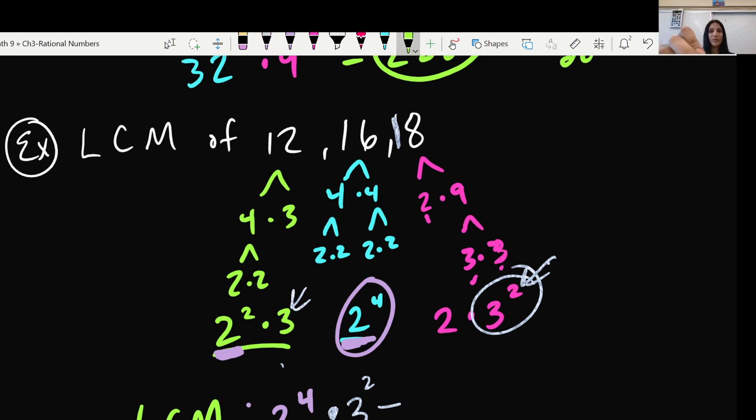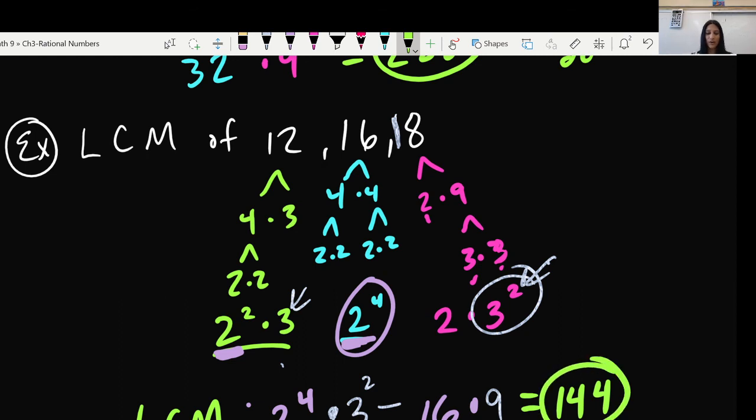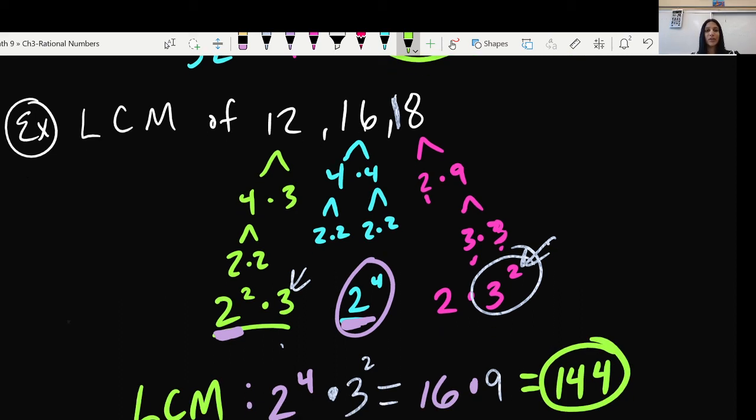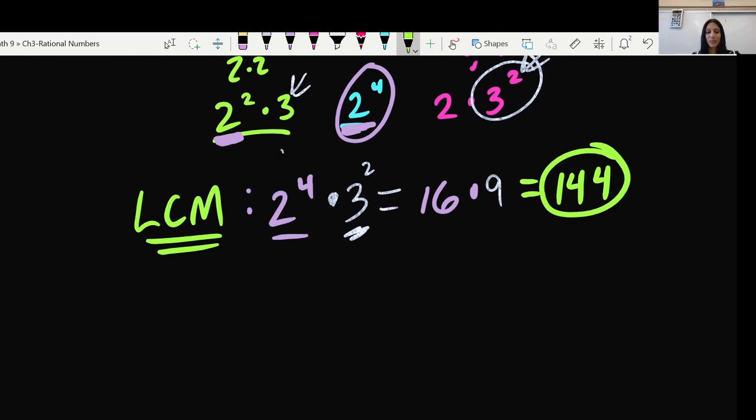So now hopefully I can redeem myself. 2 to the 4 is still that 16 that we had. And we're going to multiply that by the other one, which was 3 squared and is our 9. And when I do that, 16 times 9, that's when I get my answer of 144 for my least common multiple, or my lowest common multiple, however you want to say it.